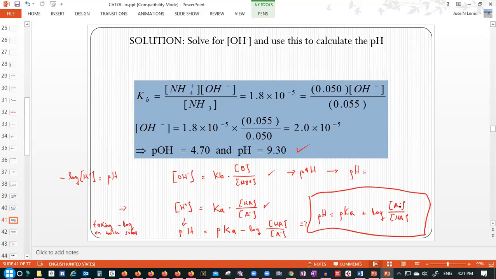The ratio between the salt and the acid can be close to 1. So let's say the concentration of A minus over the concentration of HA is close to 1, or equal to 1. Then that means this concentration is very close to this, so this becomes 1.